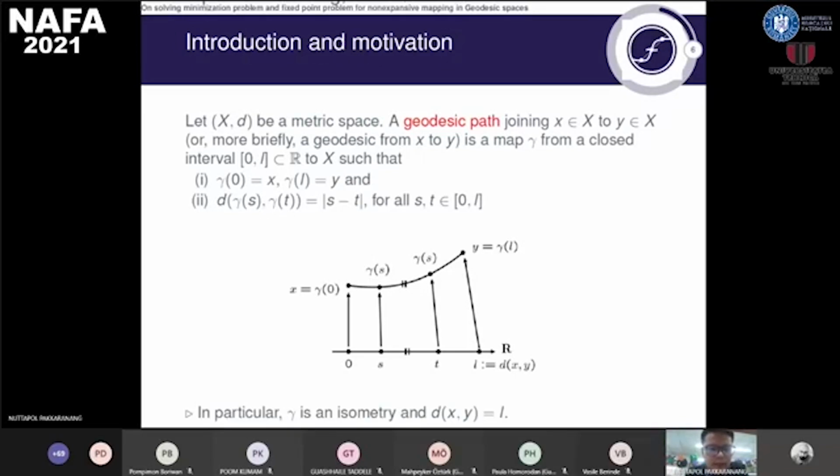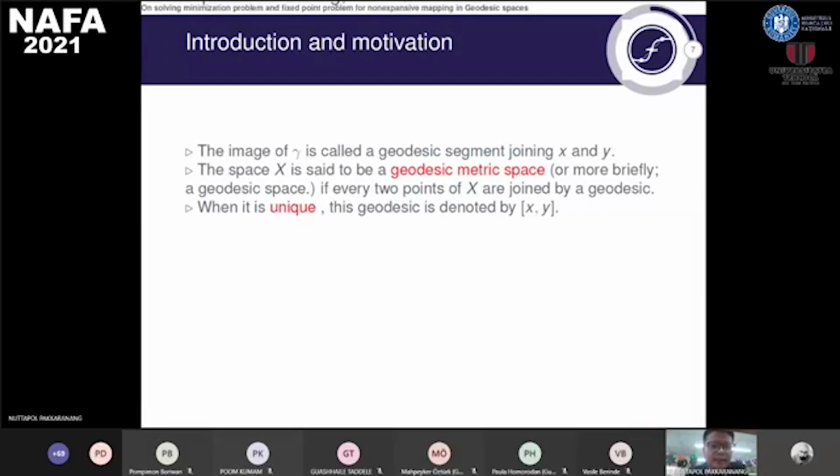In particular, gamma is an isometry and the distance xy equals L. The image of gamma is called the geodesic segment joining x and y. The space X is said to be a geodesic metric space, or geodesic space, if every two points of X are joined by a geodesic. When it is unique, this geodesic is denoted by this.